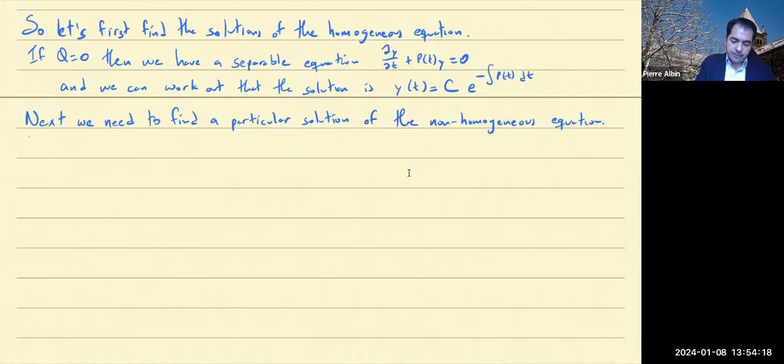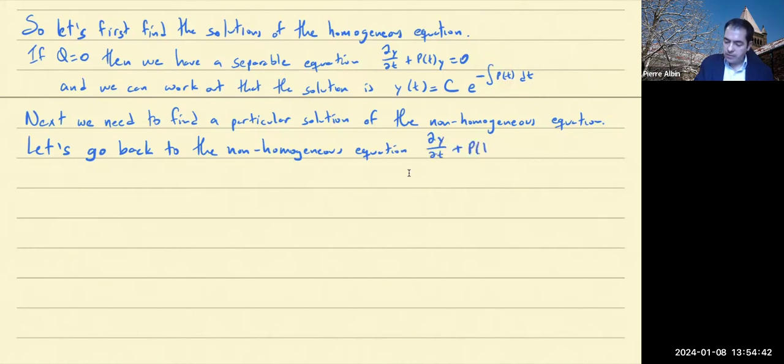Okay. Let's go back to the non-homogeneous equation, right? So we have dy by dt plus p of t times y is equal to q of t.